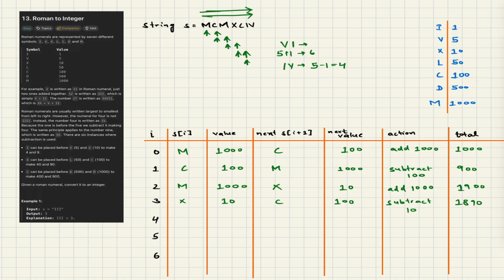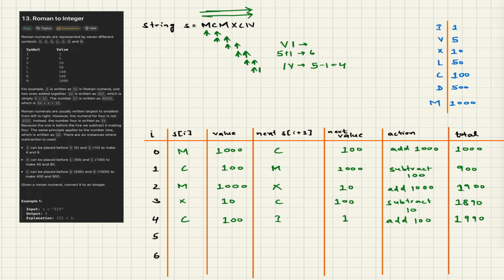Now moving on, we have C. The value of C is 100, and the next is I, whose value is 1. Since I is smaller than 100, it is fine, we'll just add it. So this becomes 1990.